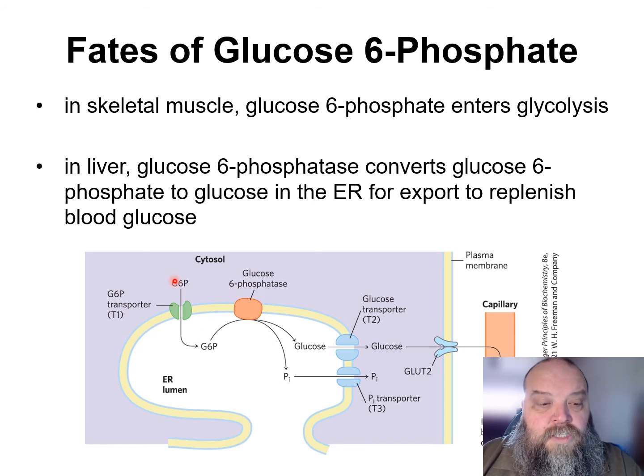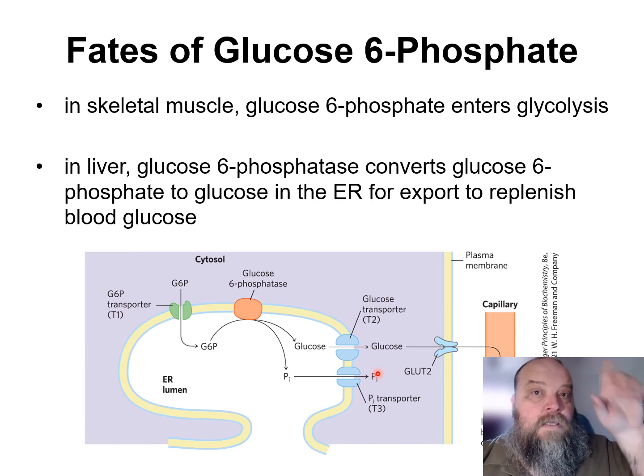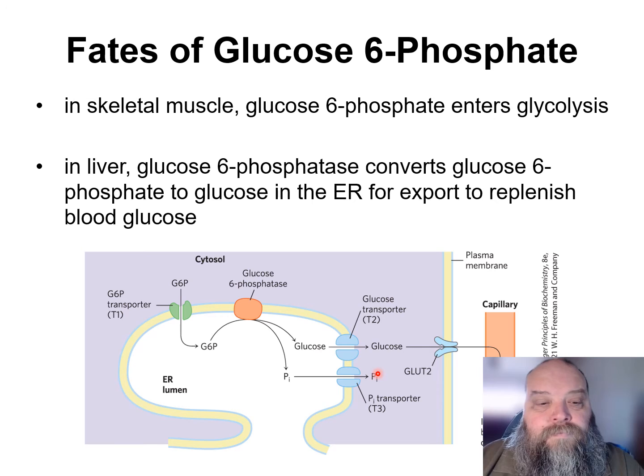So this G6P enters into the ER. In the ER, glucose 6-phosphatase, remember phosphatases remove inorganic phosphate. It's going to remove it, releasing inorganic phosphate, which can then be utilized again. Glucose is transferred out. GLUT2 is a transporter across the plasma membrane into the bloodstream, carried throughout the body.